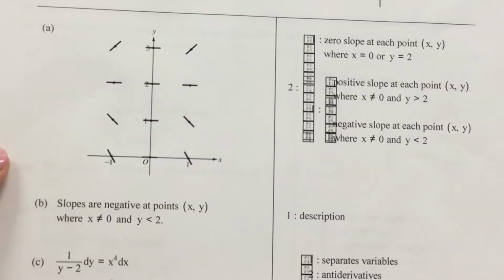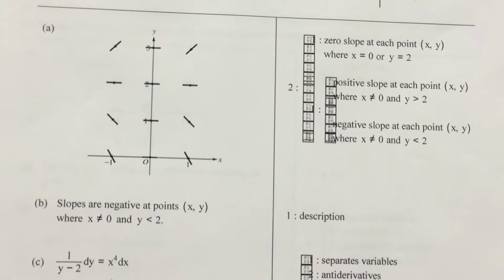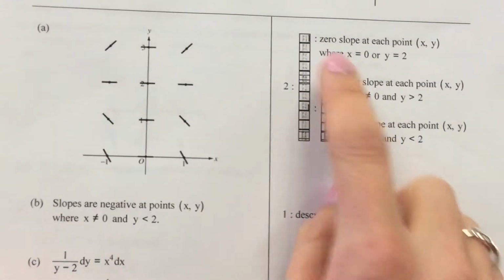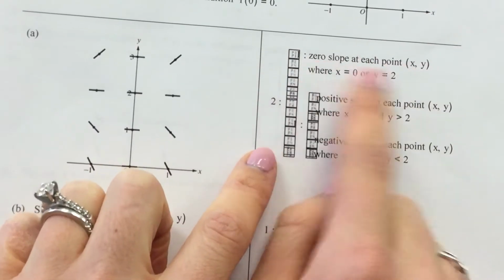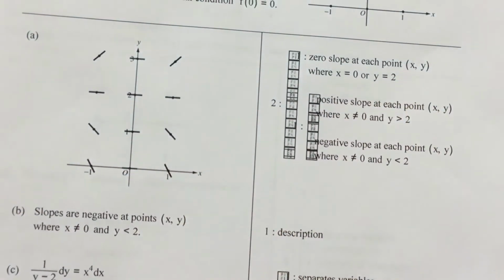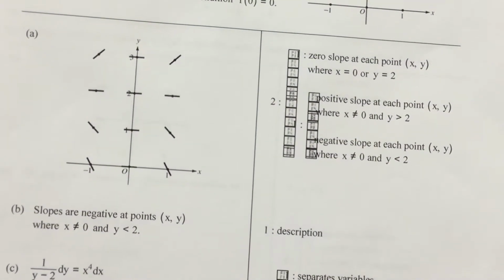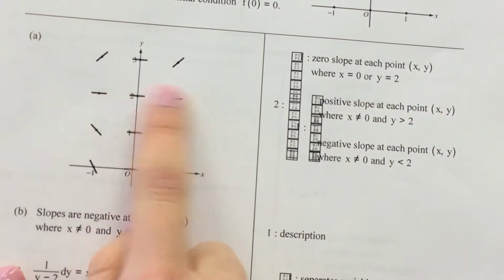They give you two points. It looks like there's a 1 hiding in there. One point for a 0 slope when x is 0 or y is 2. So every point all along the y-axis, and then when y is equal to 2. So slopes of 0 all the way up and down here, slopes of 0 across here.